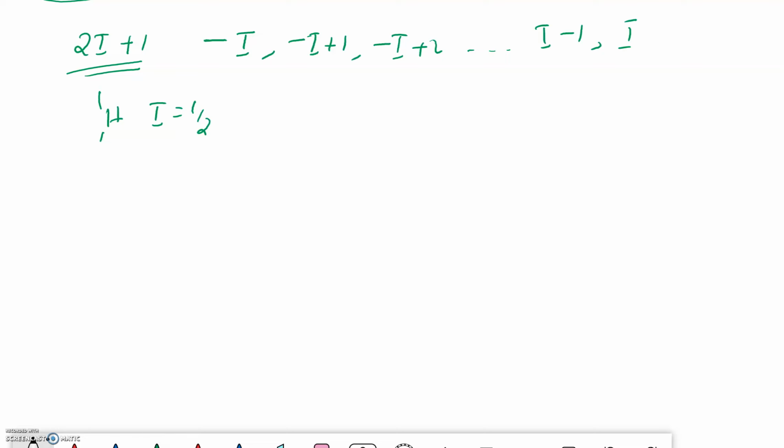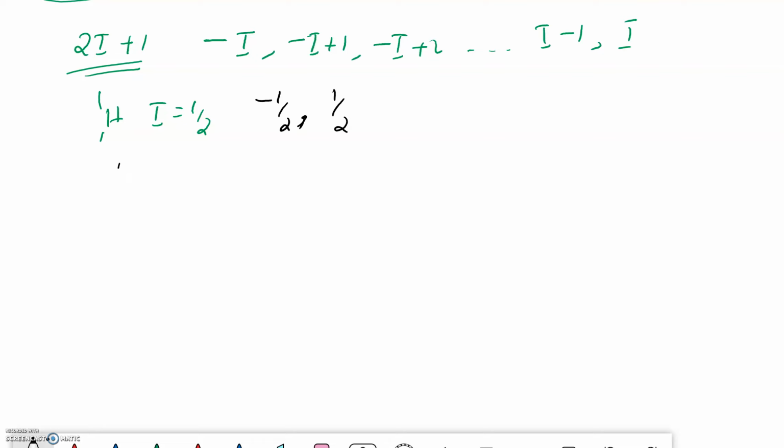That is, spin angular momentum is oriented in 2I plus 1 ways, from minus I, adding an integer 1 each time: minus I plus 1, minus I plus 2, etc., and I minus 1, finally I. For example, in the case of proton, I is equal to half, therefore it is minus half and plus half. There are only two orientations, minus half and plus half.